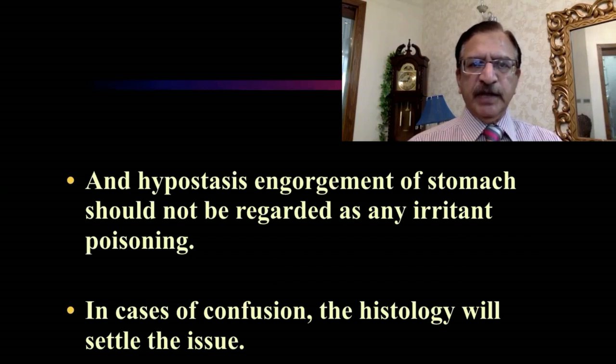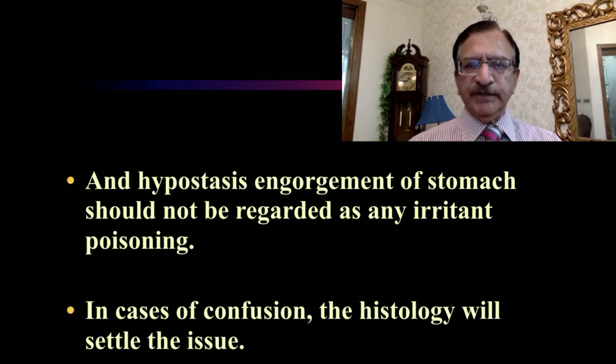Similarly, in stomach, it should not be taken as engorgement due to some irritant poison, because in that case also the congestion or irritation will be on all the surfaces, not limited to the dependent area of the stomach in which the hypostasis develops.